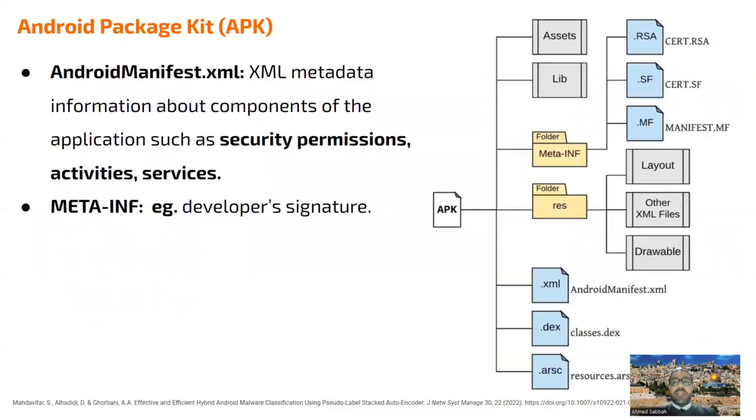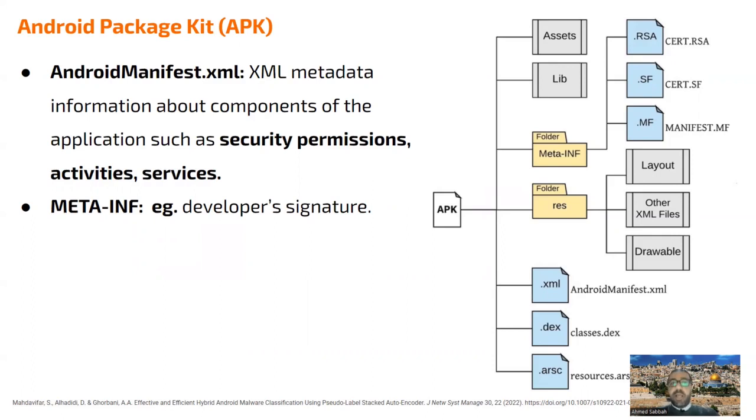Android Package Kit. The architecture shown in this slide shows the parts and files of the APK file after reverse engineering. These files, or leaves of the architecture, are considered a resource for static analysis.